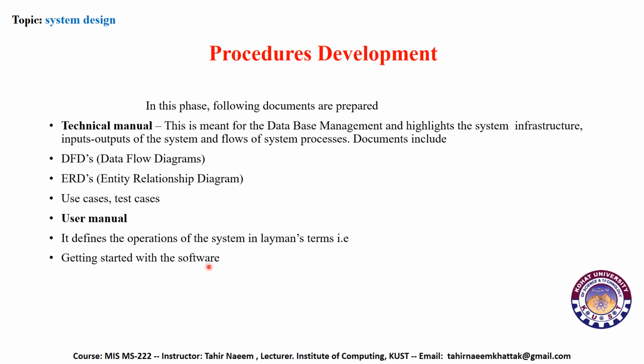Getting started with the software, that is, how you can use your software and how the software system can be used by the ordinary user, operating the software, and how after starting, the system must be operated by the user. Those manuals are generally function related. A user manual doesn't have any complex analogy, and basically both these manuals are about the function of the system.